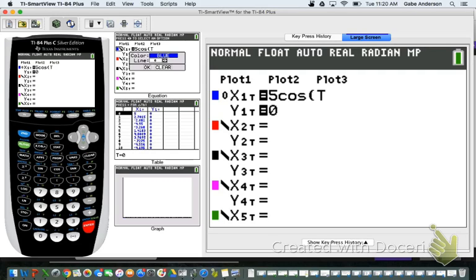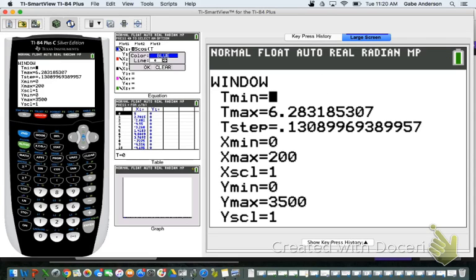Now we got that. And then doesn't it tell us to mess with our window a little bit? It says window needs to go from Tmin, is it 0 to 30? So Tmin is 0, so that's already there. Tmax is 30. And I think it tells us to leave everything else the same. Although I'm going to make my xmin plus minus 10.